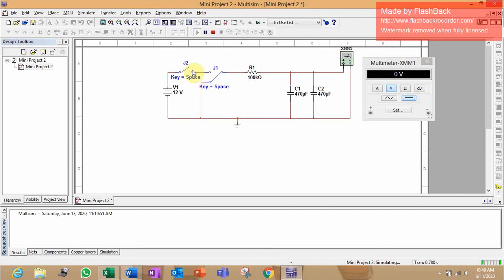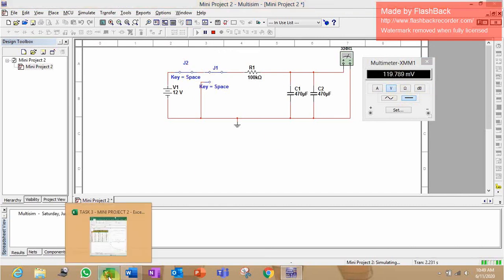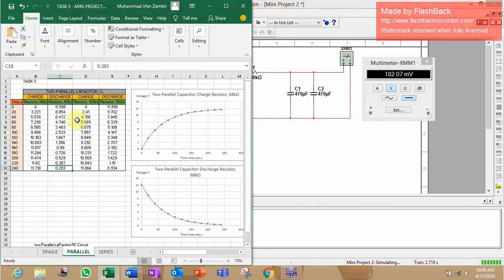The initial is 0 volt, and close the switch, and the voltage starts to increase. For the first 20 seconds, the voltage across the parallel capacitors is 2.41 volt, and after 240 seconds, the voltage is 11.064 volt.